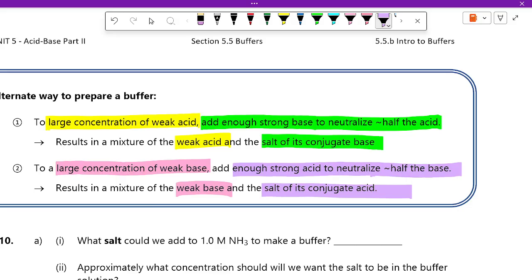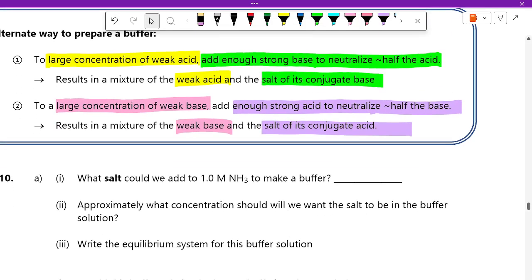Okay, example 10. What salt could we add to 1 molar NH3 to make a buffer?